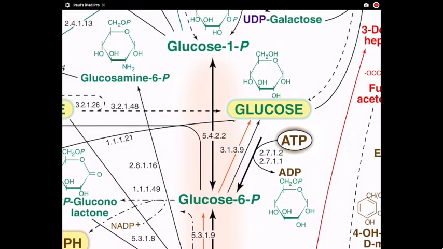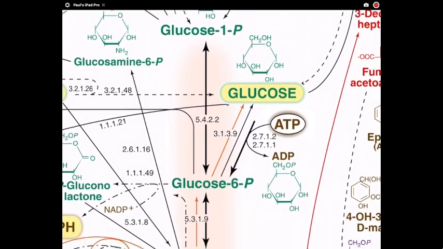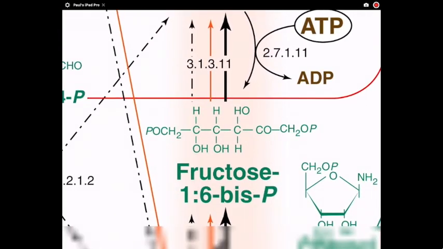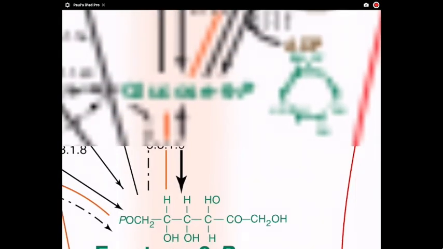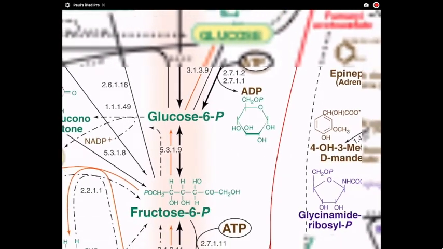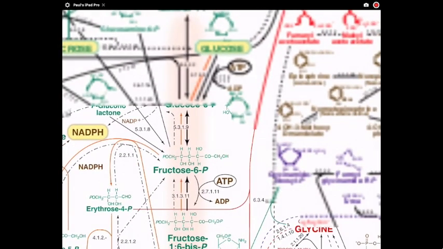Glucose. Glucose 6-phosphate. We learned that. Glucose 6-phosphate went to fructose 6-phosphate. Fructose 6-phosphate went to fructose 1,6-bisphosphate. And so this is the pathway that we learned. So let's see if we can see all of glycolysis.